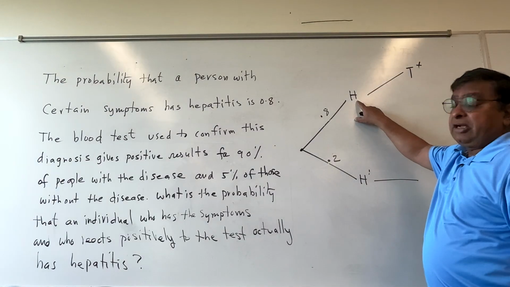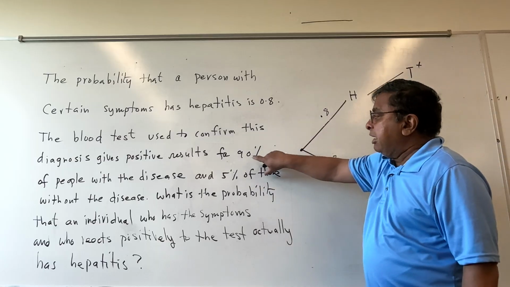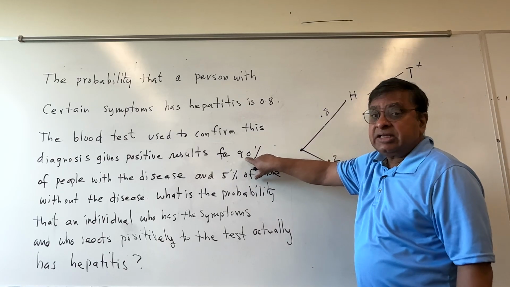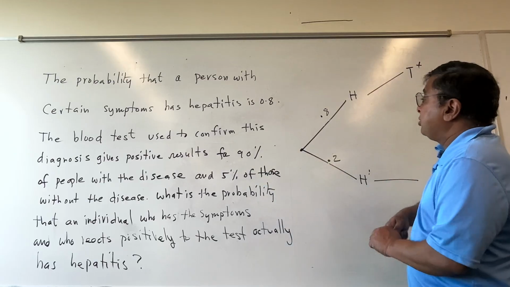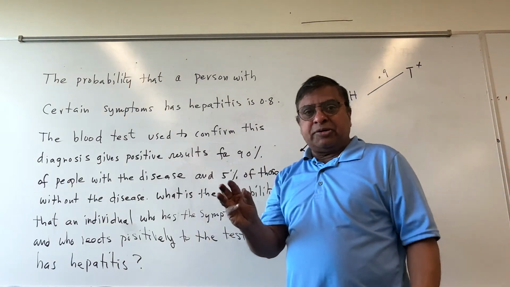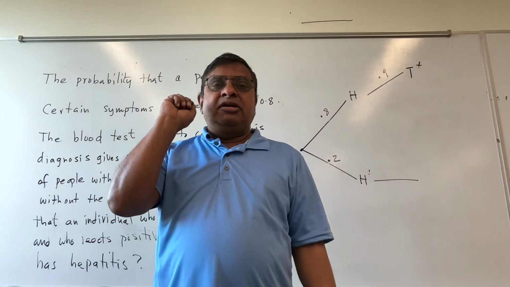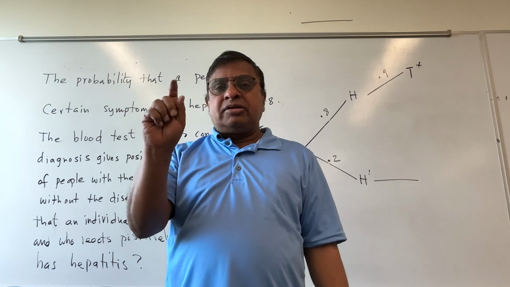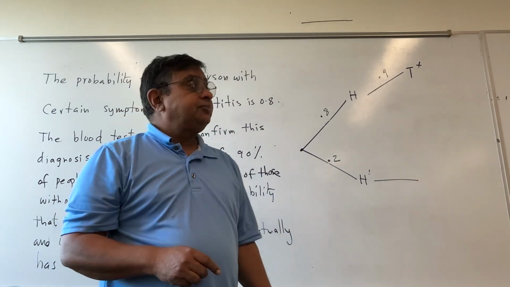If you have hepatitis, the test confirms 90% of the time, yes, you do have hepatitis. So this is 0.9. So those who have hepatitis and do the blood test, 90% of the time it gives you a positive result, okay?